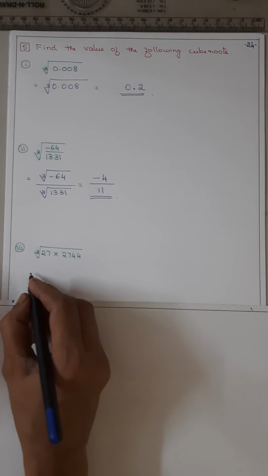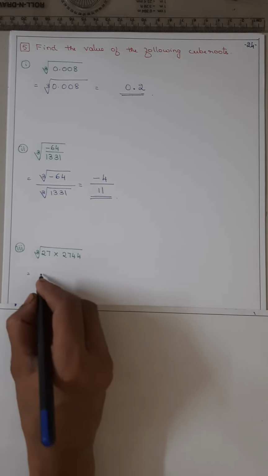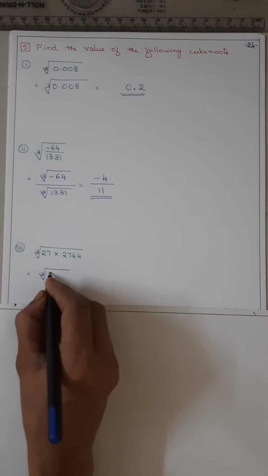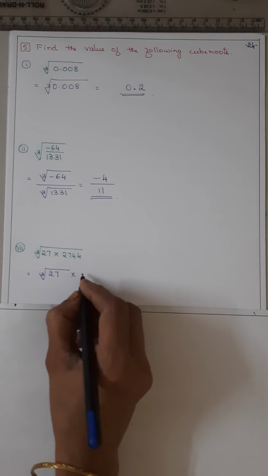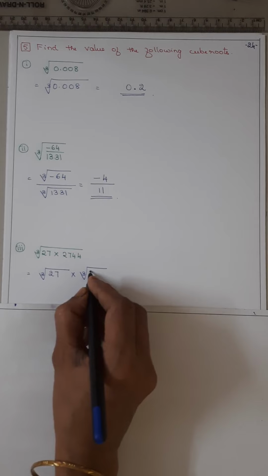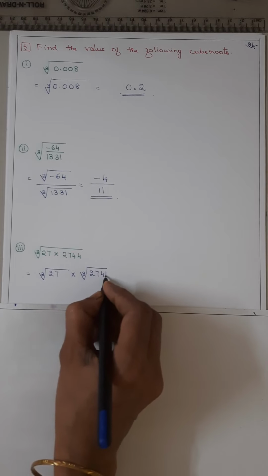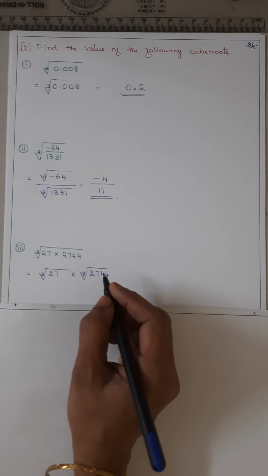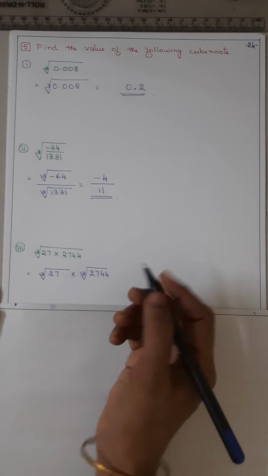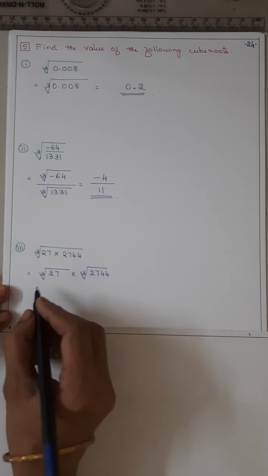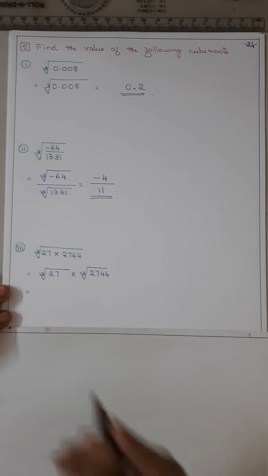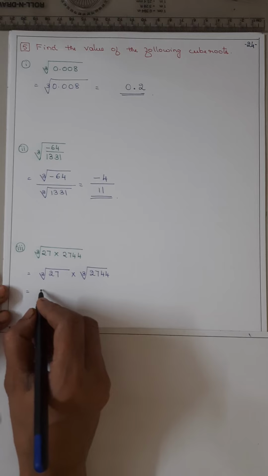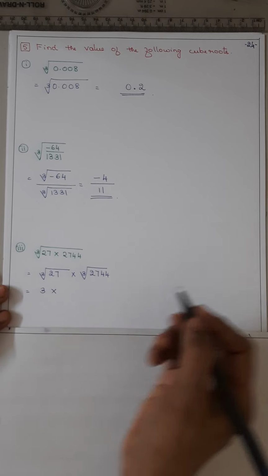Now the third sum: the cube root of 27 into the cube root of 2744. Here we have to find each and then multiply. You know the cube root of 27 is 3, no need of doing.